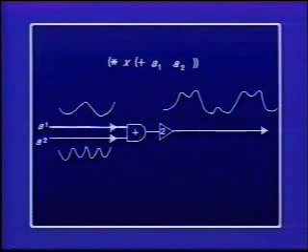Or a1 and a2 might be electrical signals, and I might want to think about summing those two electrical signals and then putting the whole thing through an amplifier, multiplying it by some factor of 2 or something. The idea is I want to think about the general notion of that.